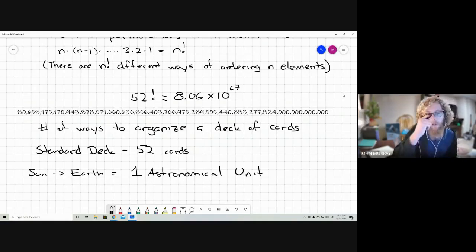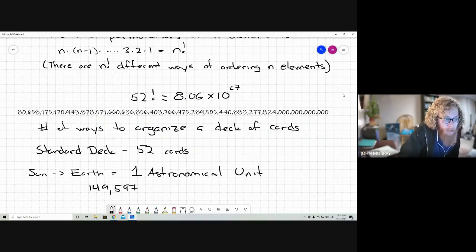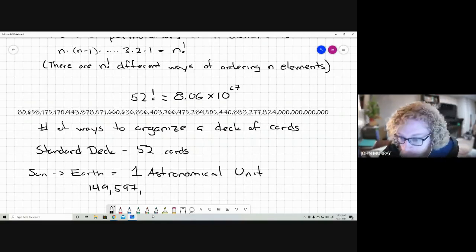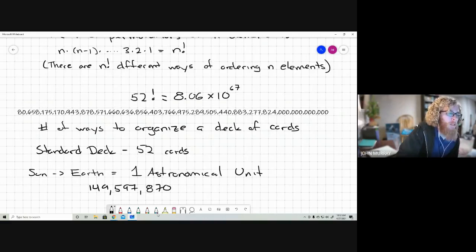Instead of using miles and kilometers, because in space things are very large. So the distance from the sun to the earth is 149 million kilometers, or about 1.5 times 10 to the 8th. This is 10 to the 67th.